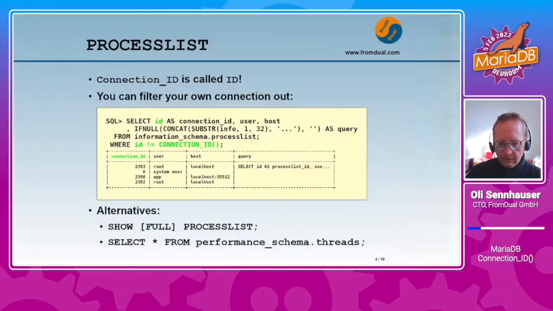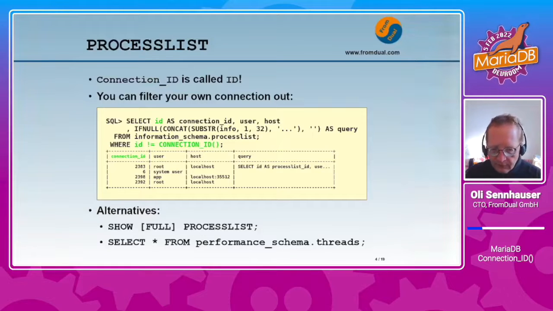So where is the Connection Id used? Where can we use it or see it? First of all, in the process list. Here the Connection Id is called ID, and if you check the information schema process list, you see there a column called ID. I have renamed it in this query to Connection Id.